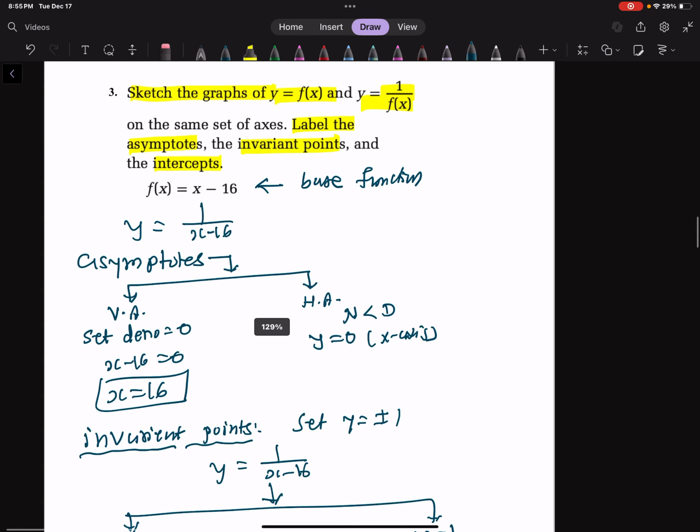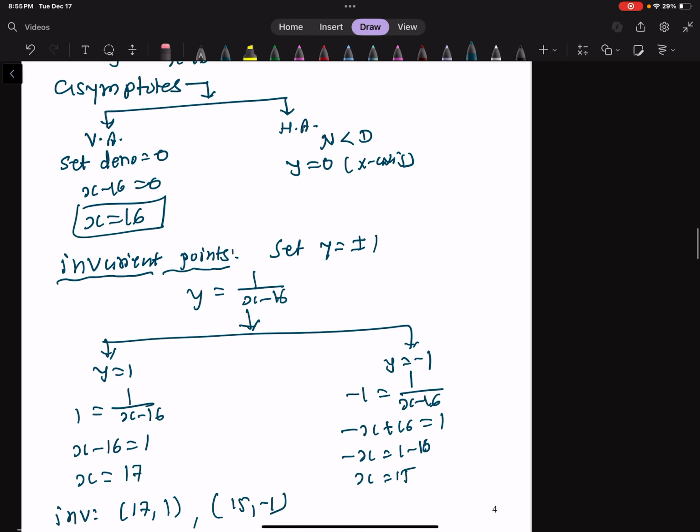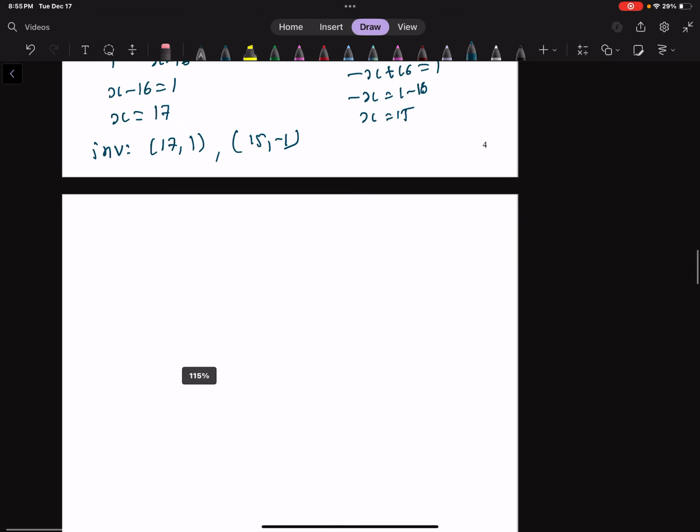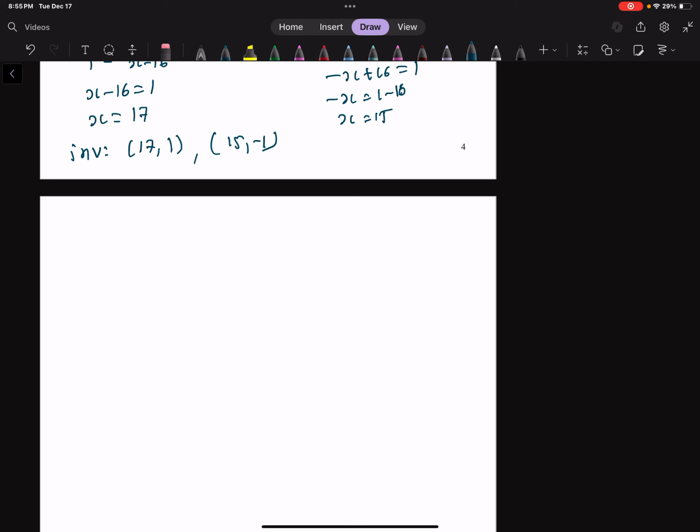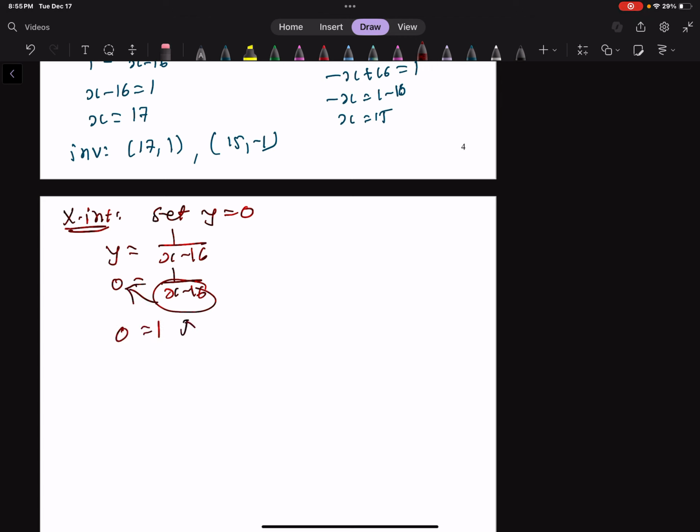And then what else? Intercepts. To find the x-intercept, set y equal to 0. So 0 equals 1 over x minus 16. Cross multiplication gives 0 equals 1. That's not true.